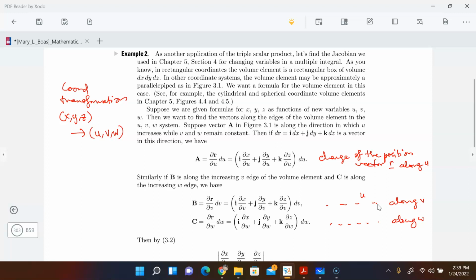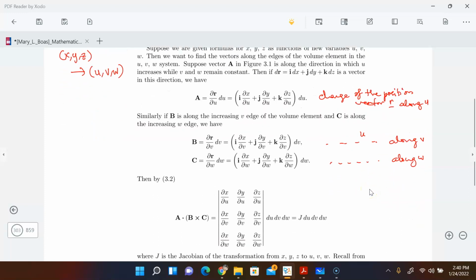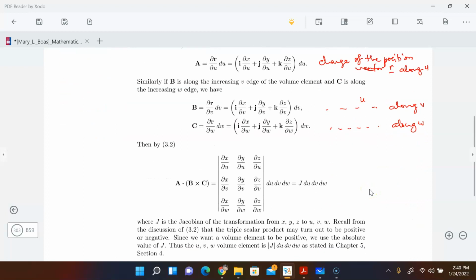So what happens in this particular case, when you define these vectors A, B, and C in this way, your Jacobian is essentially coming from that triple scalar product, because your components over here are given by derivatives.